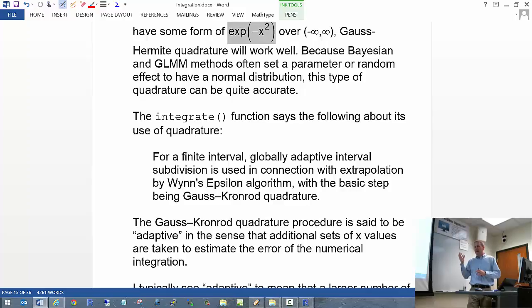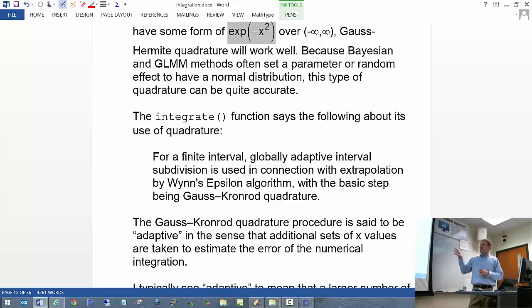Say you end up using, let's say, 10 subdivisions for your integral, then it will actually do some more subdivisions to estimate an error. And that's why you see that estimate of error whenever you do integrate. So it essentially goes a step further to see just how good it was.